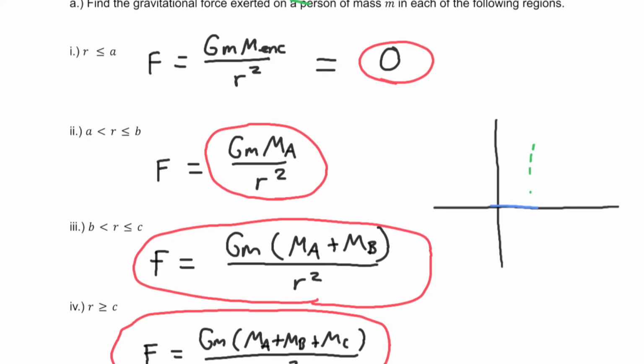So we'll mark off our first shell, our second shell, our third shell here. So we're going to get something that, depending on what the masses look like, it could look something like this.